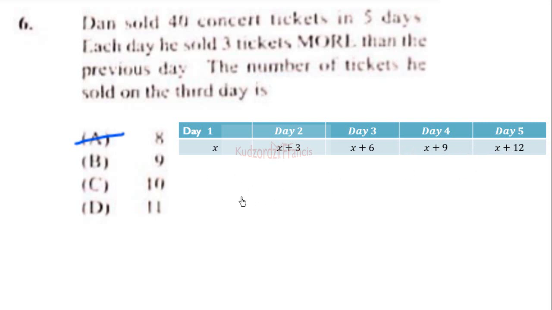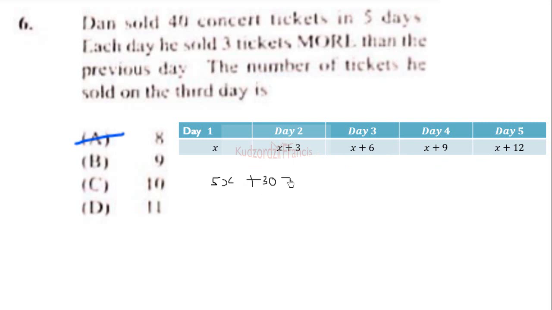So the total number of tickets will be 40. So X plus X plus X plus X plus X is 5X. Then 3 plus 6, 9 plus 9, 18 plus 12, which is 30.